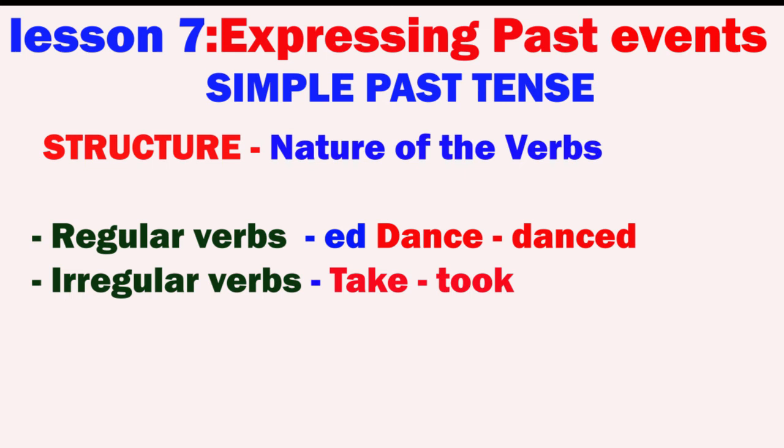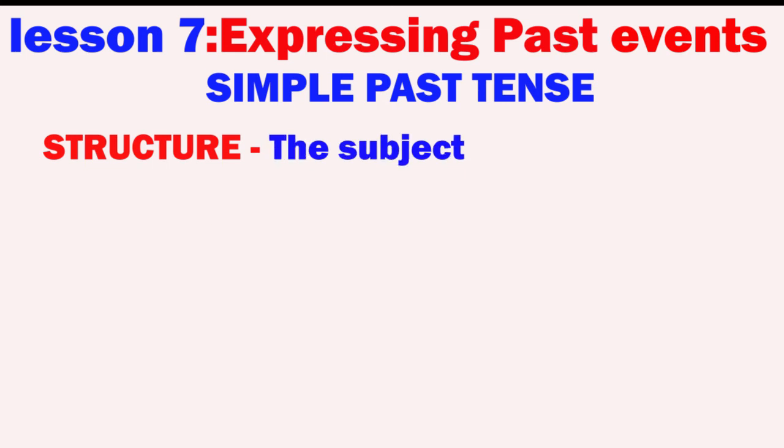Another element in the structure of making sentences or expressing ourselves about past events or past actions is the subject itself. Okay, and in expressing past events, the subject is not complicated. It does not need a lot of principles.